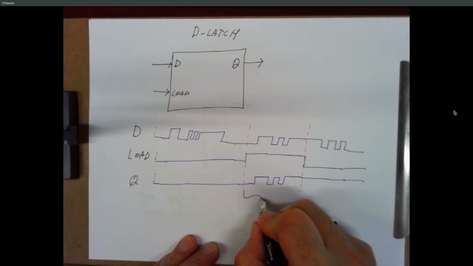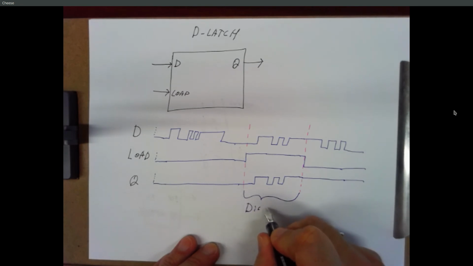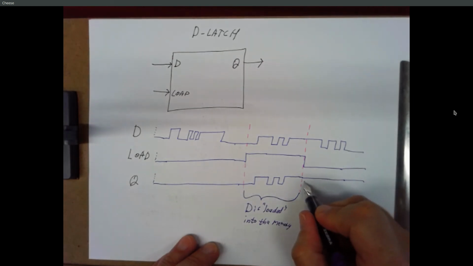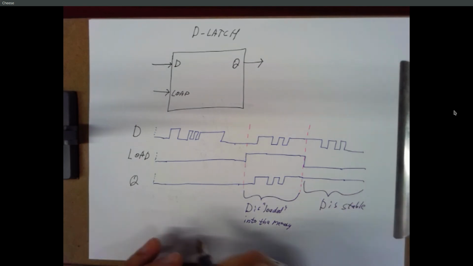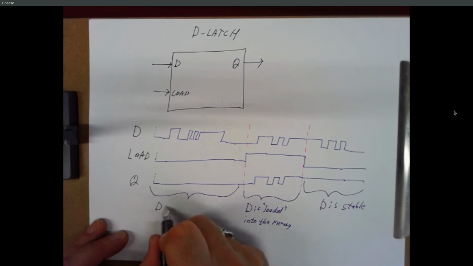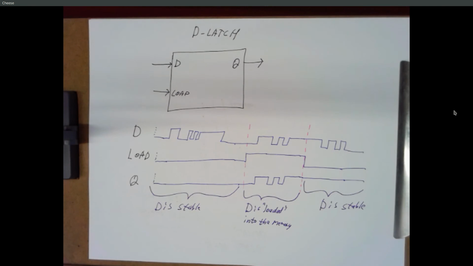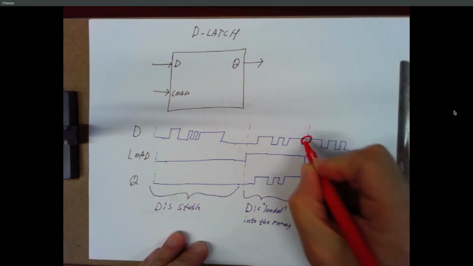So this part, where the load line is high, D is loaded into the device's memory. Over here, D is stable. Back here, D is stable. And this is the D value that gets loaded in.